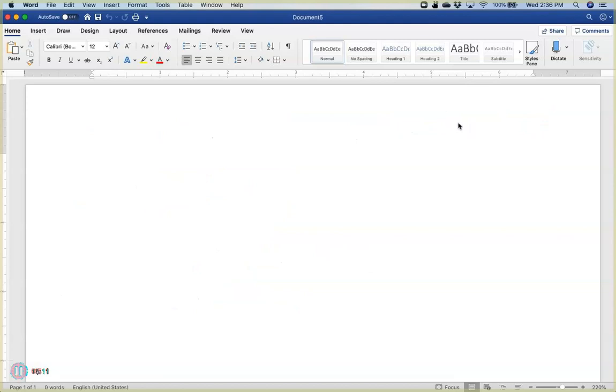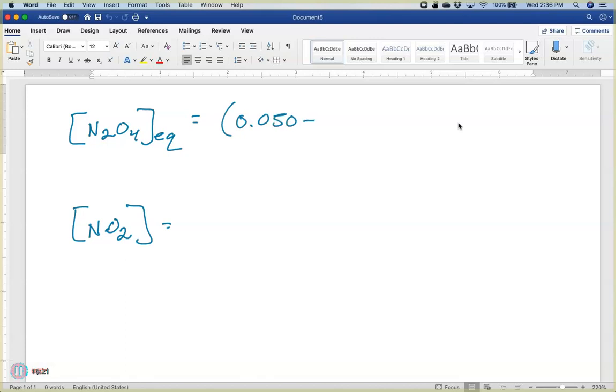So our final answer, if we're looking for the equilibrium concentration of N2O4 and the equilibrium concentration of NO2, is 0.050 minus my x, which we said was 7.06 times 10 to the negative third.